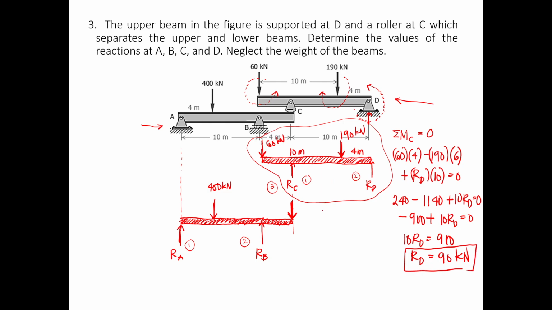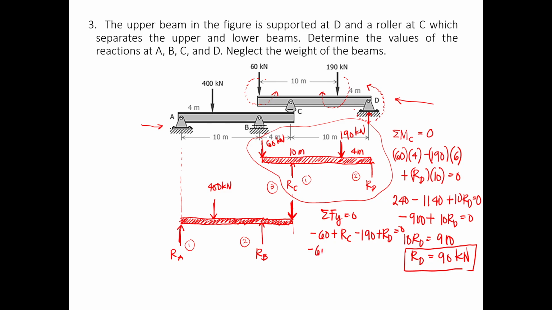Okay, the next is summation of forces in Y equals 0. From left to right of beam CD, negative 60, and then the reaction at point C, and then negative 190, then the reaction at point D equals 0.